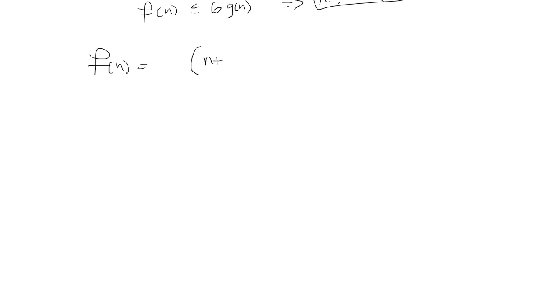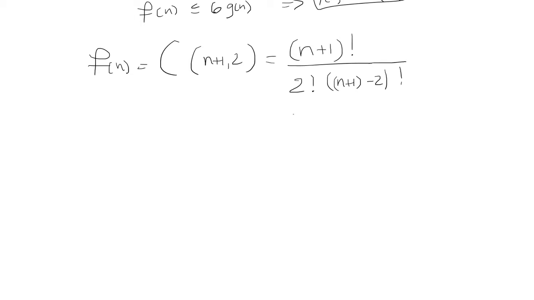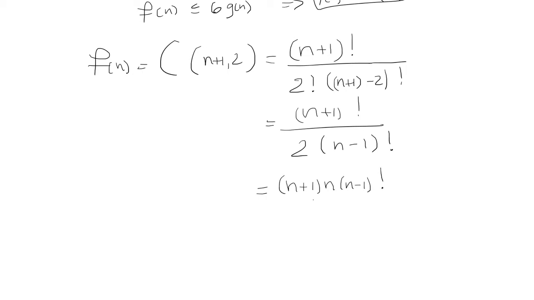n plus 1 choose 2. So another way to write this function is n plus 1 factorial over 2 factorial times n plus 1 minus 2 factorial. I can rewrite this as n plus 1 factorial over 2 times n minus 1 factorial. n plus 1 factorial, we can break it up into n plus 1 times n times n minus 1 factorial.